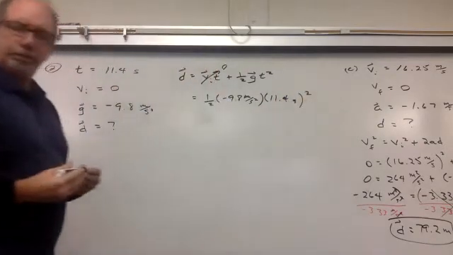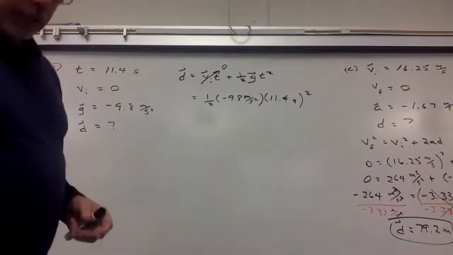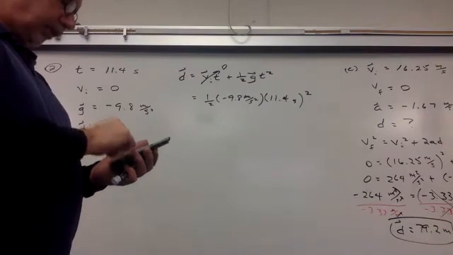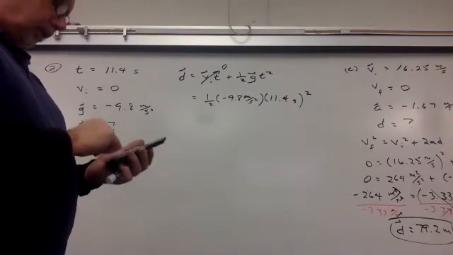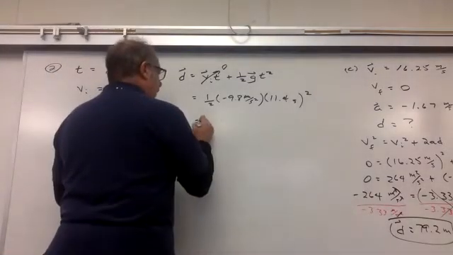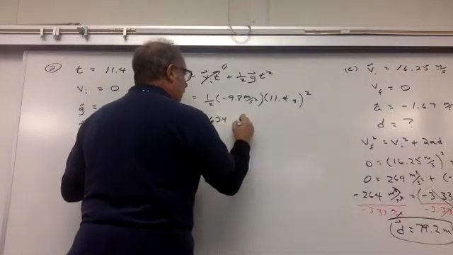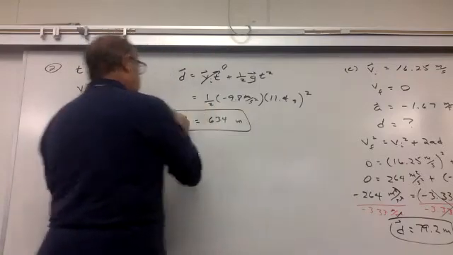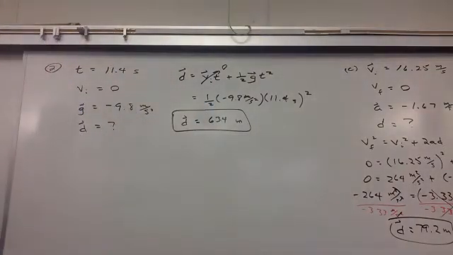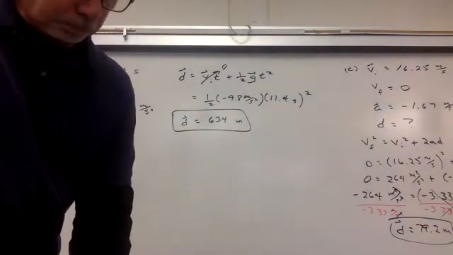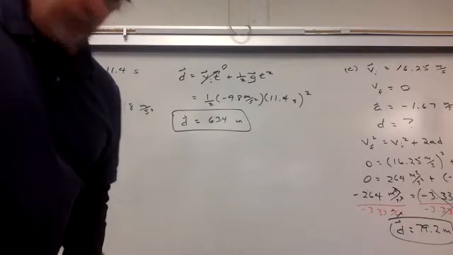Don't forget to square it. If you do that, 11.4 squared, you get 634. So 634 meters. And that's number 2. Questions, comments on that one?